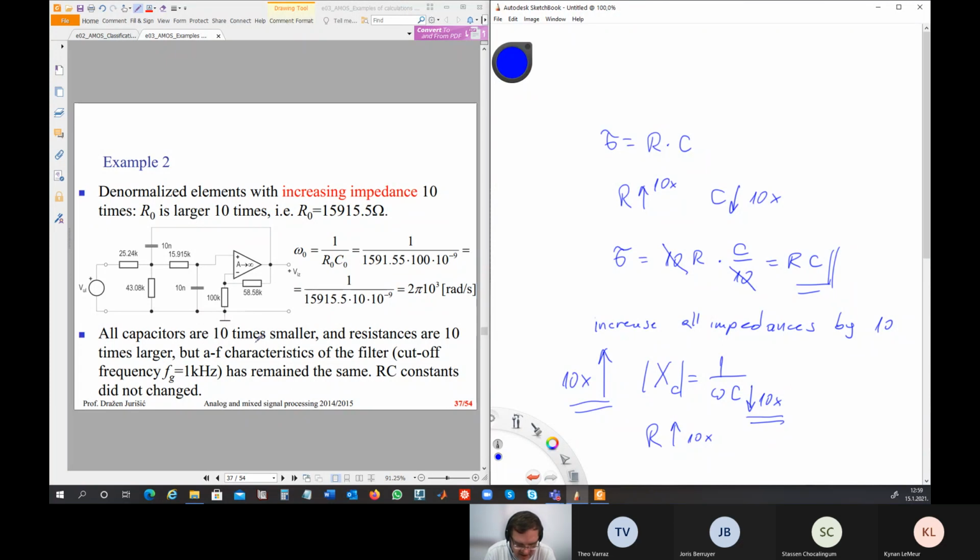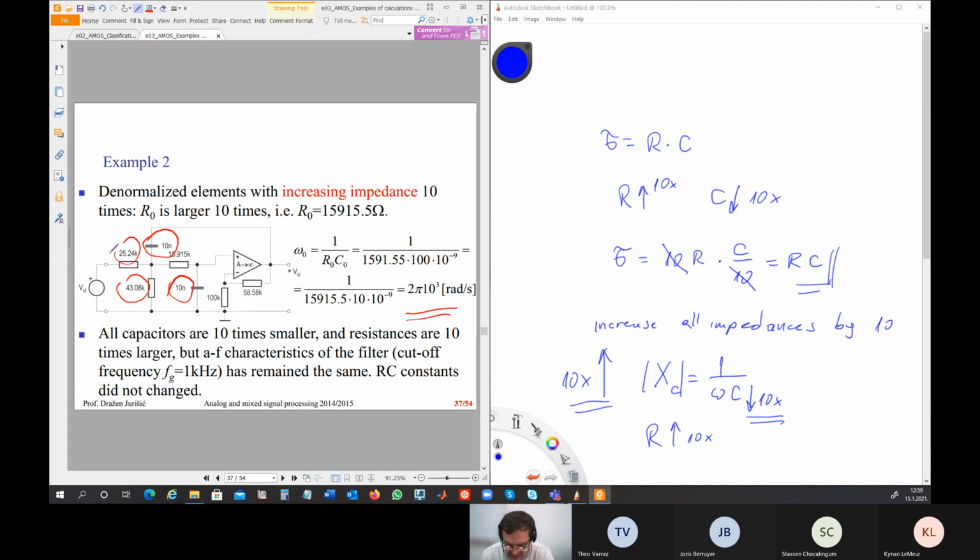So all capacitors are 10 times smaller and resistances are 10 times larger, but the amplitude frequency characteristic of the filter has remained the same. RC constants didn't change. So here is our same RC constant, but what we have here is smaller values of capacitances and larger values of resistances.